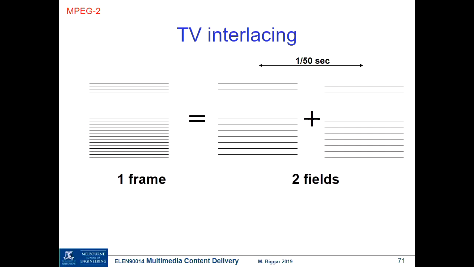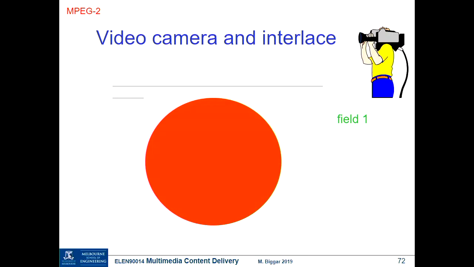And as a result, each frame is composed of two fields, and they are sampled at a slightly different time. And with Australian TV parameters, that would be a 50th of a second apart. So what does that mean for our video signal?